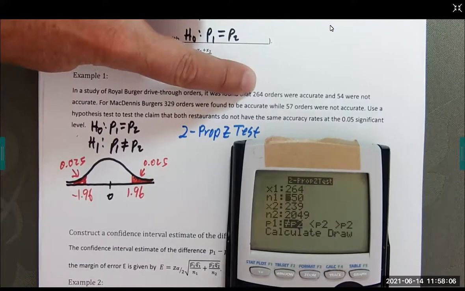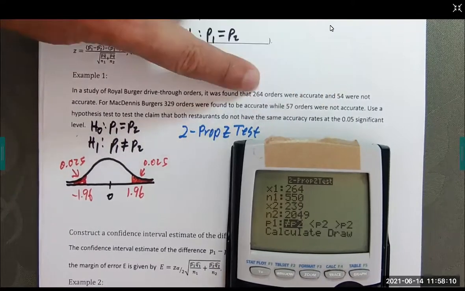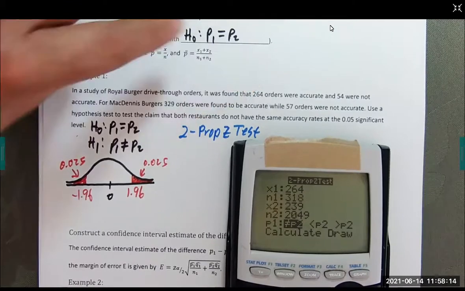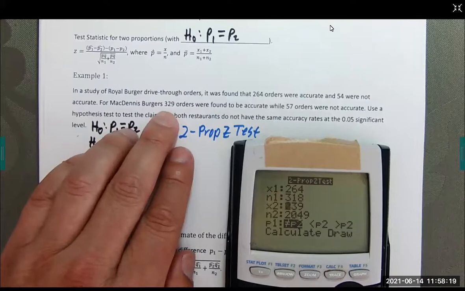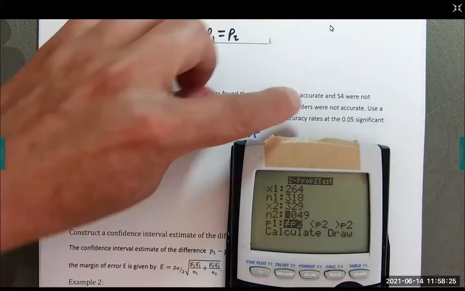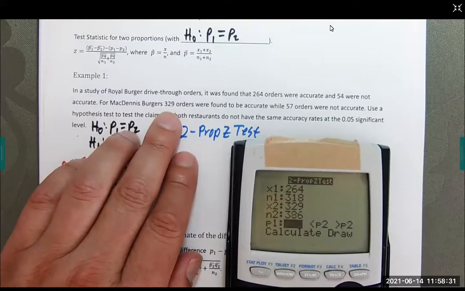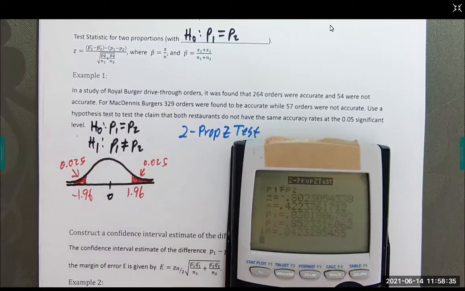The denominator is the accurates and the inaccurates, so I'm going to add those together: 264 plus 54. For this next one, 329 were accurate, and the n is going to be 329 plus the 57. And this is a not equal to situation. And calculate.